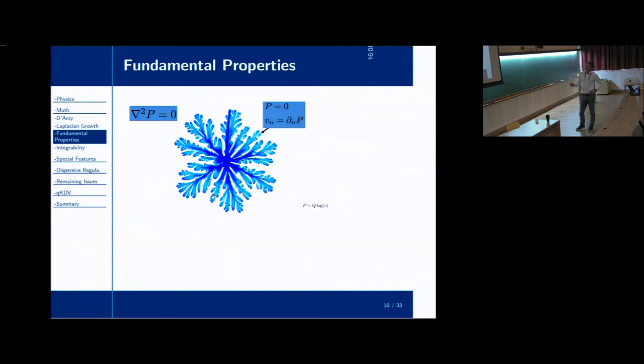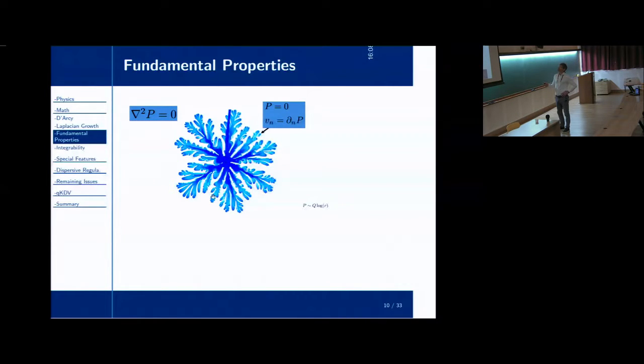We have a harmonic field outside the droplet, a pressure which is 0 on the boundary of the droplet, and the droplet is moving according to the normal derivative of this pressure. So if we want to solve the problem, for example, on a computer, we solve for a harmonic field which has this behavior at infinity and 0 on the droplet.